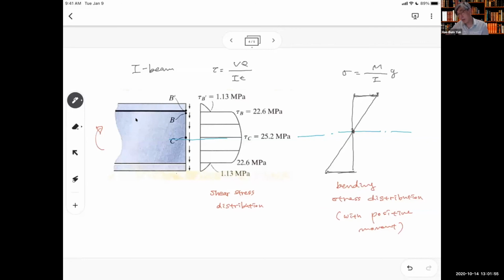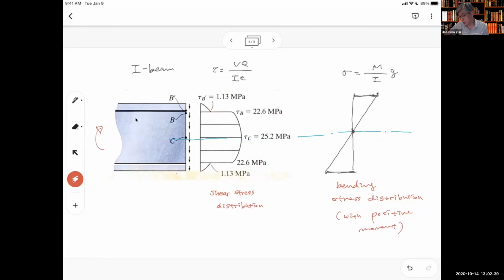The reason we don't have a jump or bump at the interface is, if you look at the formula here, in the shear stress formula, we have a T, right? This jump is due to the beam width changing from the flange to the web. But if you look at the bending stress formula, there is no B, no beam width.